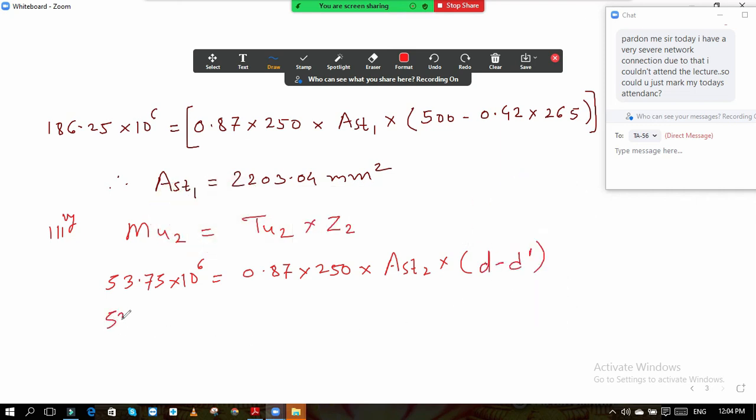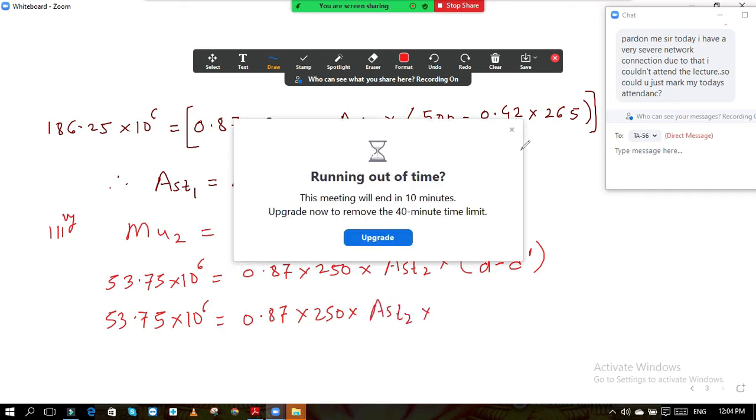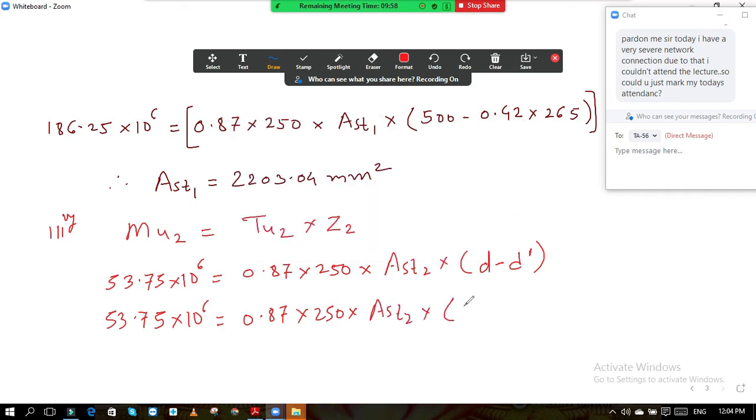The lever arm changes over here, so the bending moment also changes, and you have to put the values accordingly. D minus D dash is 500 minus 50. If you solve this, you will get the value of AST2, which is 549.27 mm square.